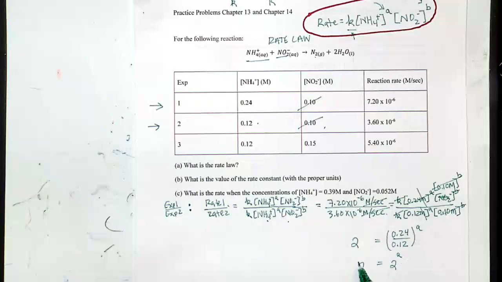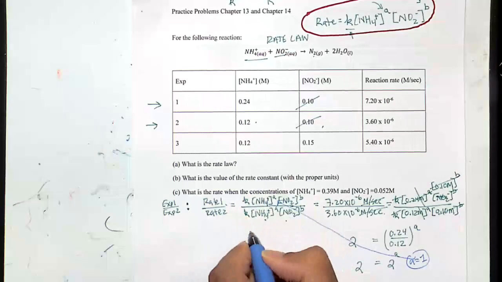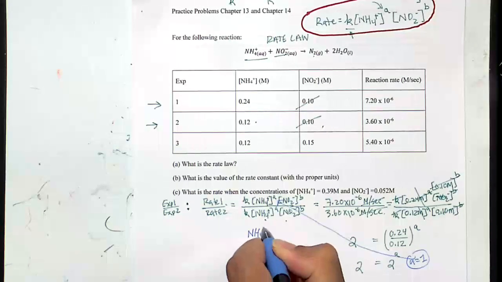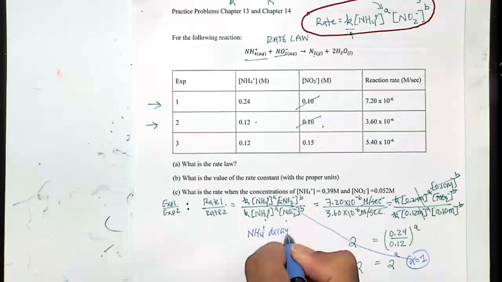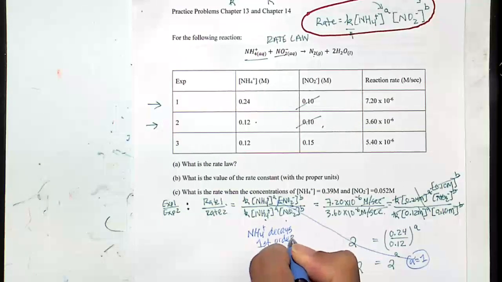So 2 to the power of A equals 2. What is the value of A going to be? This tells us that NH4 plus is going to decay to the first power. Ammonium ion decays to the first order.